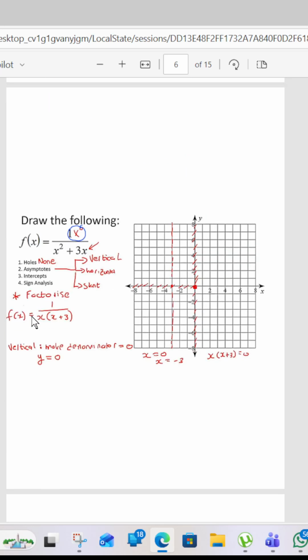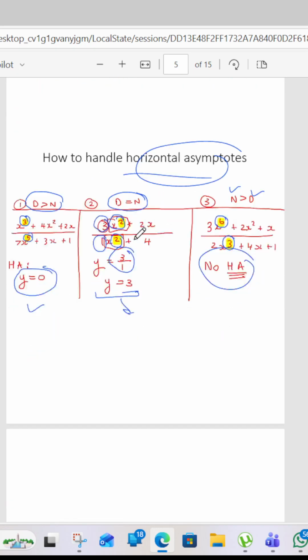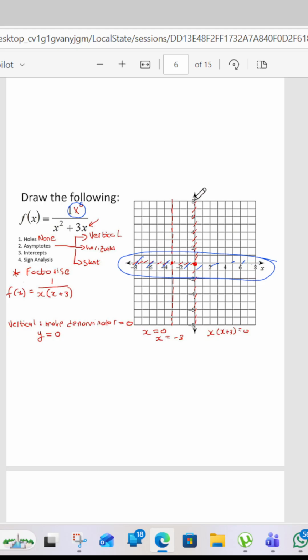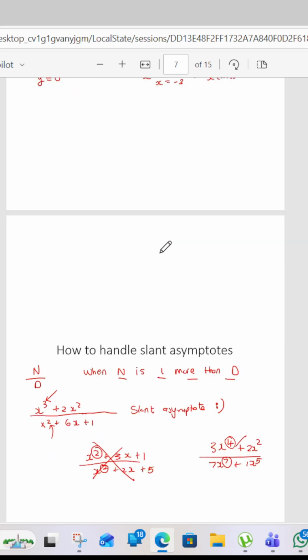So y equals 0 means this asymptote which is passing through 0, right? So we got two vertical and one horizontal asymptote.